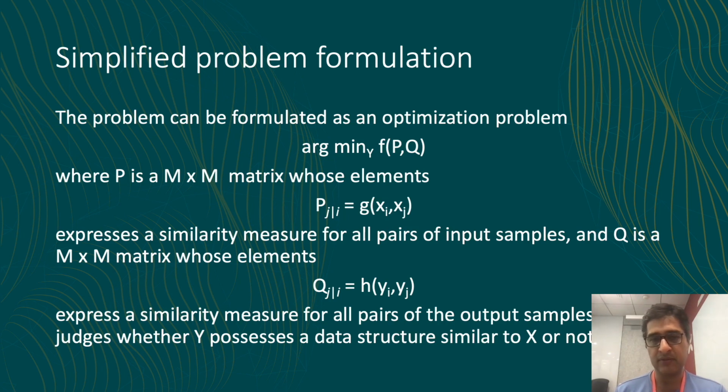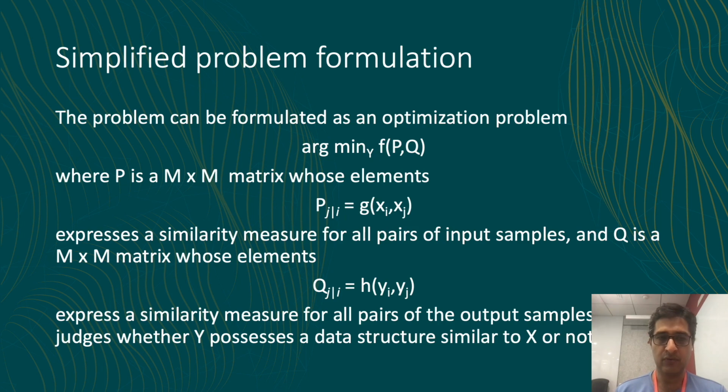Let me just repeat, just in case I didn't make the point. Once we have transformed the problem, the transformed problem looks like the following: the matrix P denotes the probability of picking the point J given I in the higher dimensional space.